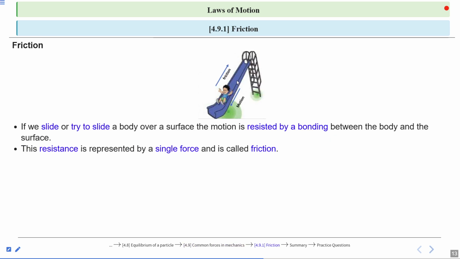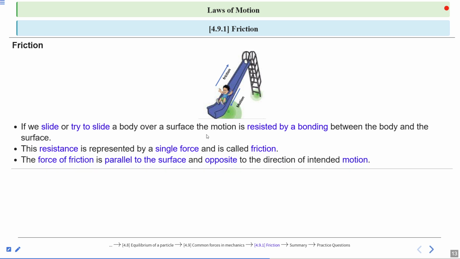Clear? This resistance is represented by a single force called friction force. The force of friction is parallel to the surface and opposite to the direction of intended motion.